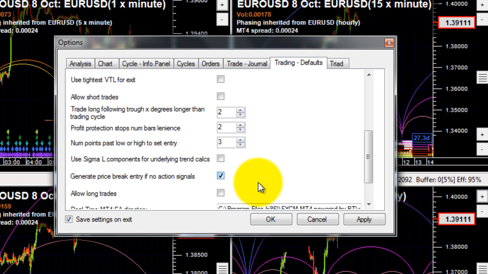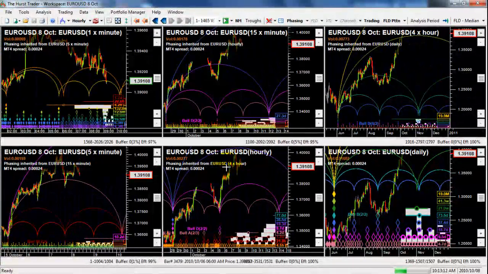Eventually you might progress to the point where you want to trade several cycles in a single instrument, in which case you would then activate perhaps 2 or even 3 charts as trading charts in your workspace. But initially you want to deselect the Allow Short Trades and deselect the Allow Long Trades, because you do not want your charts to be automatically issuing trading instructions.